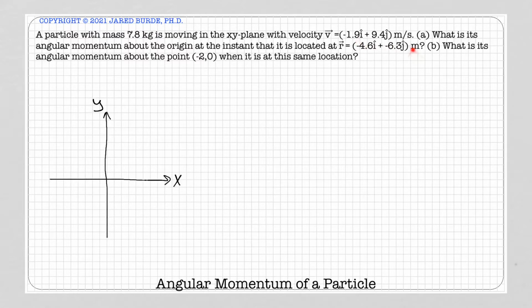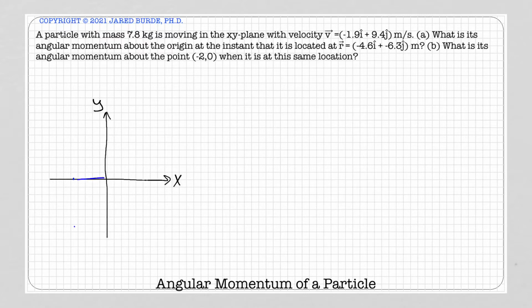Now we'll find the position of the object. This is negative 4.6 in the i-hat direction, so this is negative 4.6 to the left. We can denote that component about there, and then we are negative 6.3 in the j-hat direction. That's negative 6.3 in the y direction, or 6.3 downwards.